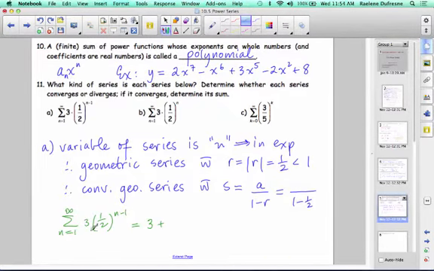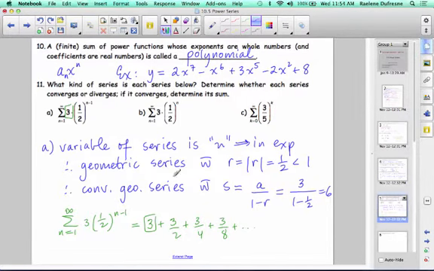Now we don't need to work so hard because every term will be multiplied by 1/2 to get the next term. So we get plus 3 over 2, plus 3 over 4, plus 3 over 8, etc. And so we can confirm that this 3 is the a value, and we get 3 divided by 1/2, which is 3 times 2, which is 6. So I'll leave you to do B and C.